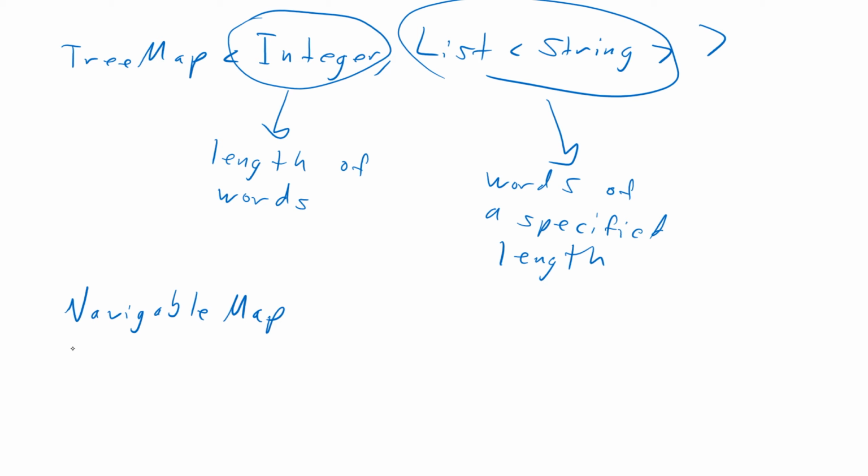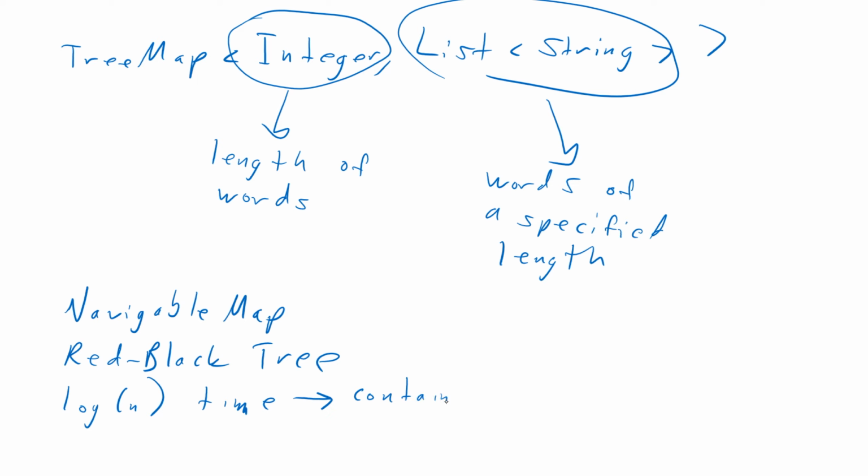It is a red-black tree. And it does guarantee log n time for the, apologize for the bad handwriting, for the containsKey, get, put, and remove methods.